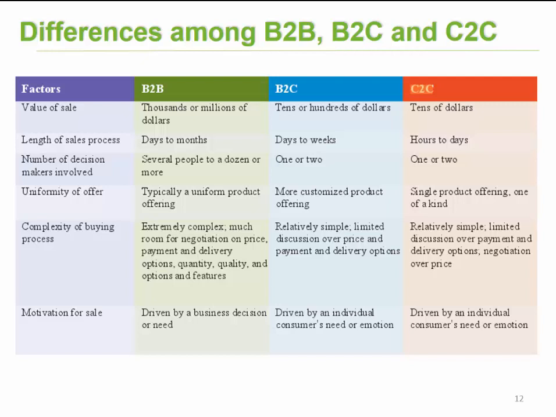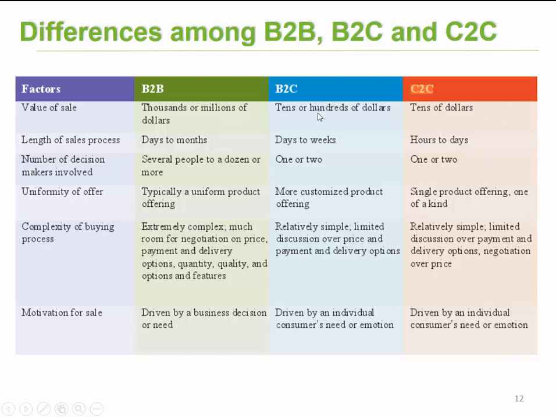If we look at business to business, we will typically find that this is where a lot of money is transmitted between different companies. Business to consumer, there's also a huge amount of money, and then consumer to consumer, it's usually your smaller type items.